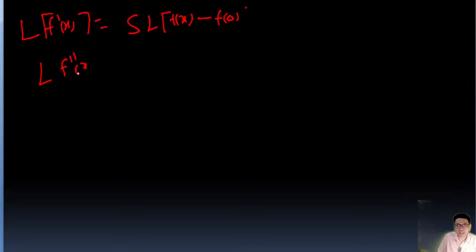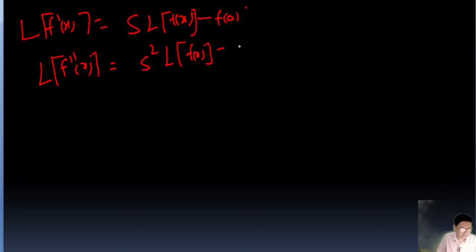of f dash x is going to be s times the Laplace transform of f(x) minus f(0). Similarly, the Laplace transform of f double dash x is going to be s square times the Laplace transform of f(x) minus s f(0) minus f dash 0.